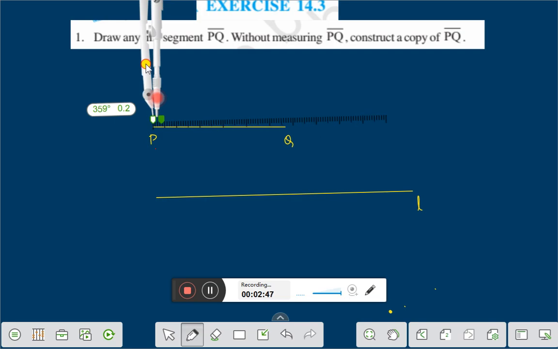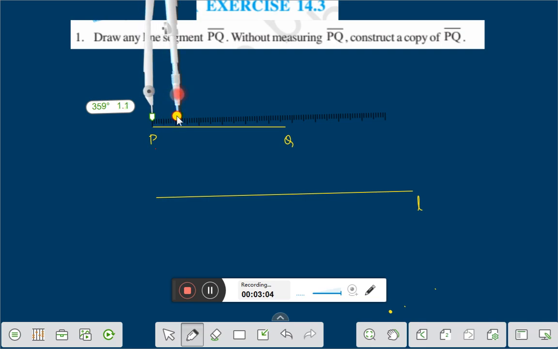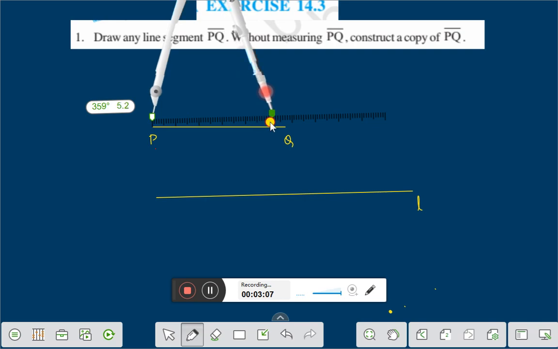I place the pointer at point P and move the pencil up to Q. This distance is fixed.